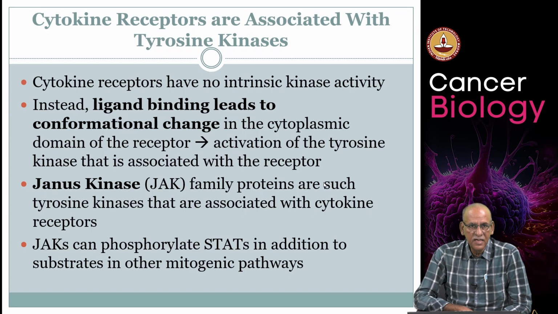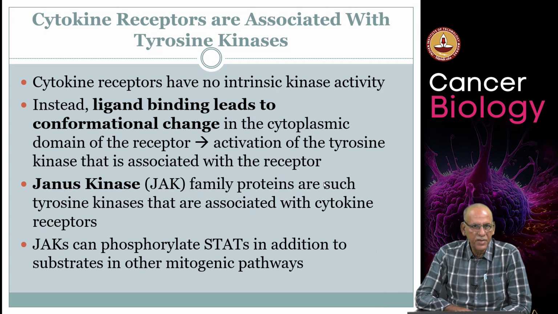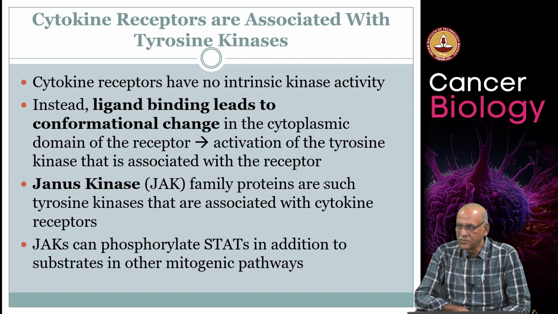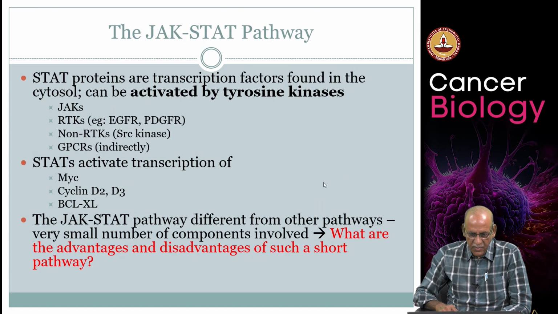STAT means signal transducers and activators of transcription. That is the full form for STAT. There are many STATs: STAT 1, 2, 3, 5, something like that. So, JAKs can phosphorylate STATs, in addition to other substrates in other mitogenic pathways. So, this is an important point.